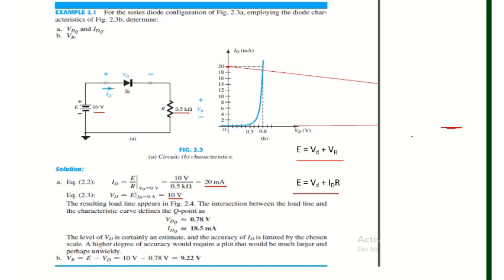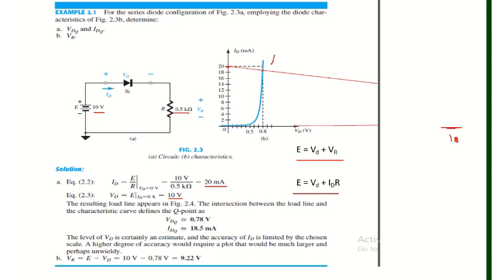The horizontal value is 10 somewhere here, whereas the vertical value is here, which is 20 milliampere. So from here we got this line, and this line intersects the characteristic curve at this point.